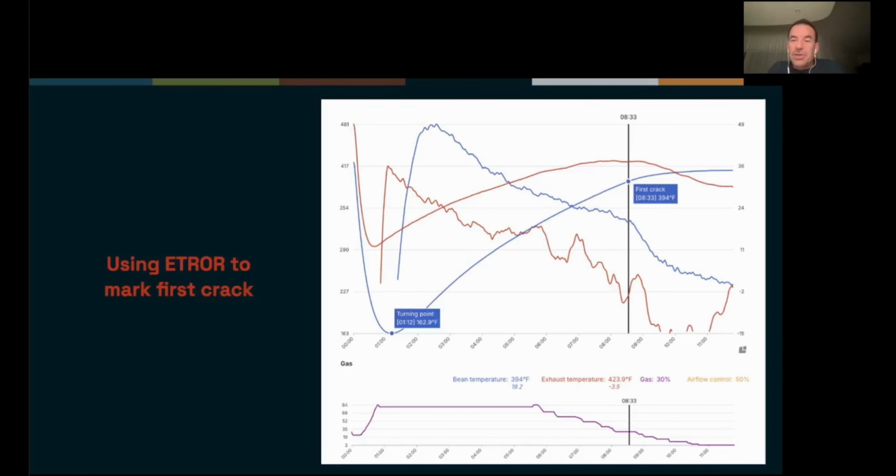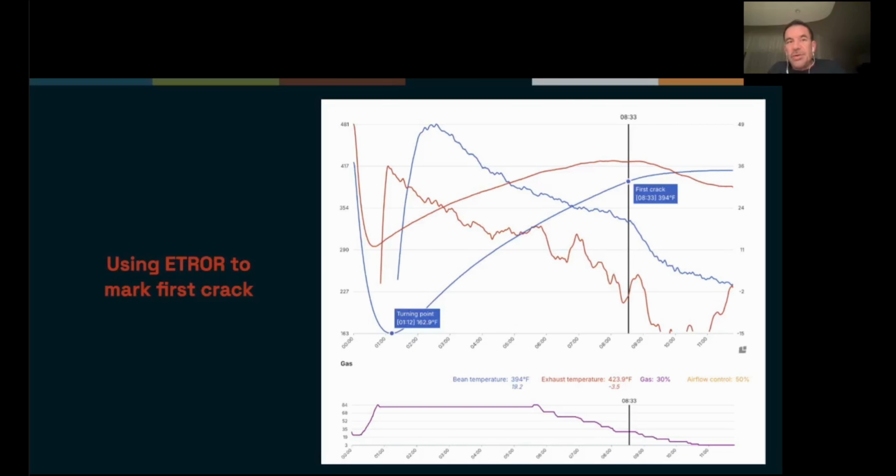Rest assured, if you're having problems marking first crack, if you just decide, okay, I think first crack is somewhere around 390 most of the time, then just choose a temperature like 390, mark first crack at 390, and create a system based on that.